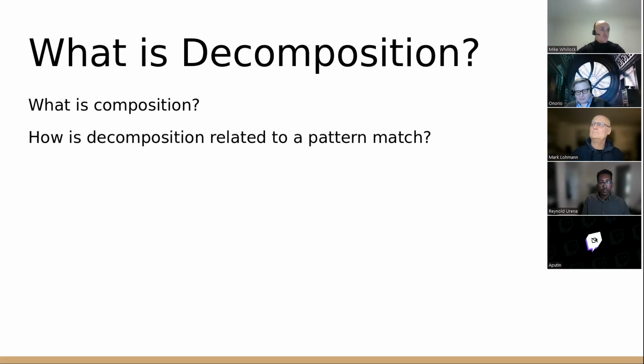Okay? So that's where the whole pattern matching and decomposition thing really becomes interesting and fun, is that it allows you to not only say, does this structure match this pattern that I want to match, but also can I pluck out certain data so I can deal with that piece of data. Okay.